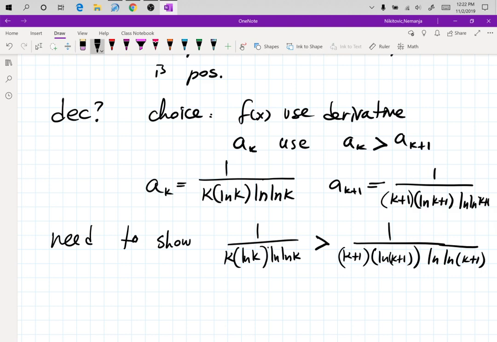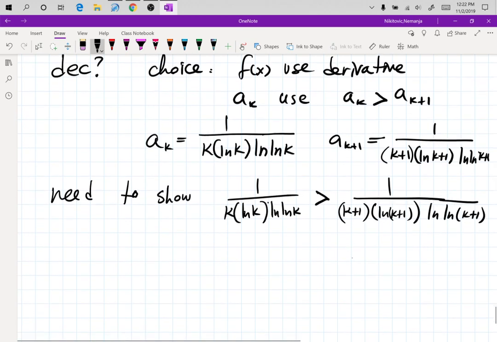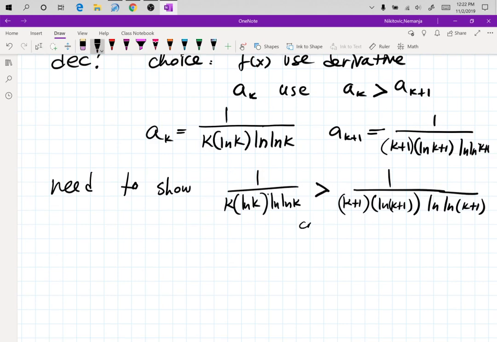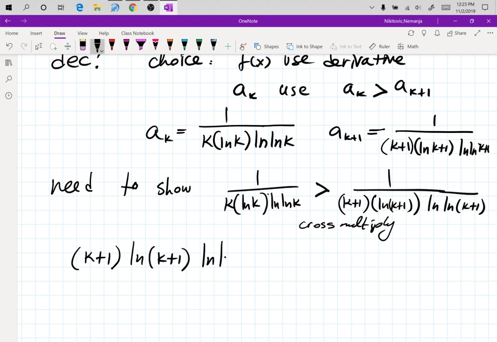Yeah, I have the sign wrong. So it has to be larger than. There we go. So now cross multiply. And we get k plus 1 ln of k plus 1 ln of k plus 1 is bigger than k ln of k ln of k.